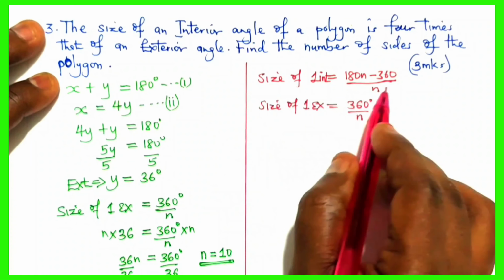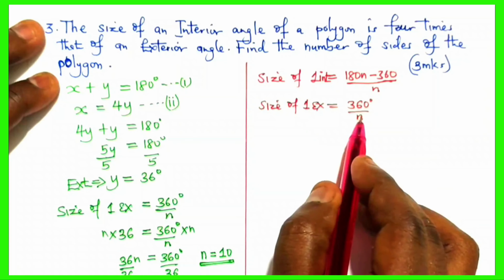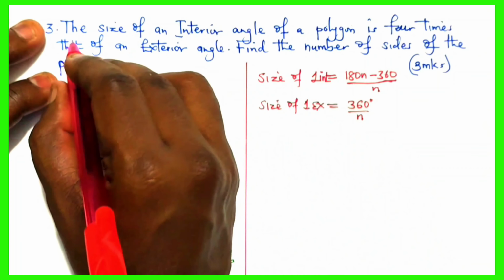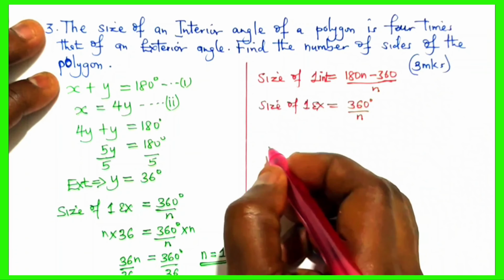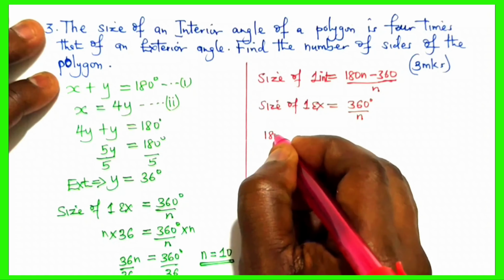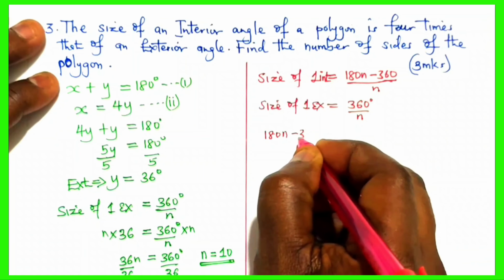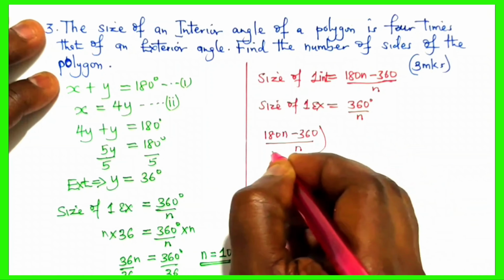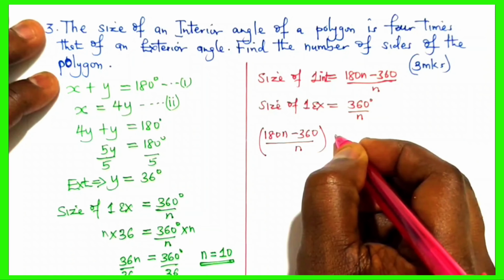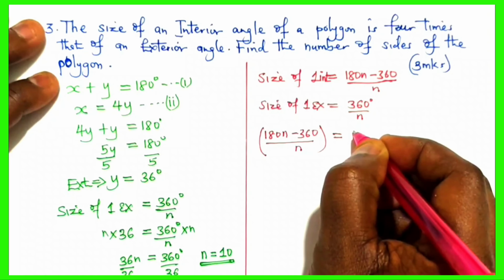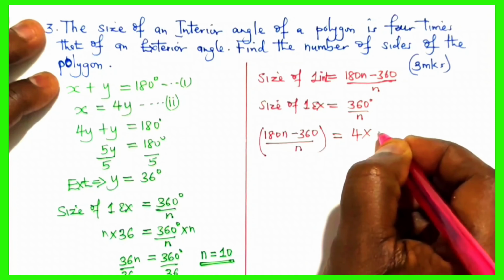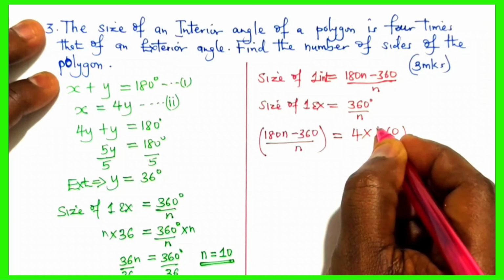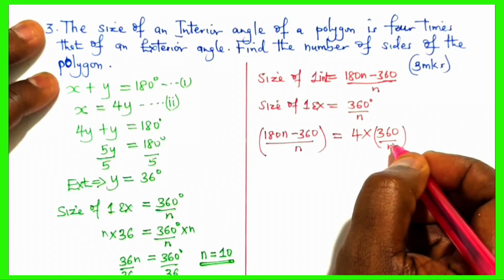And this is according to the third law, and this is according to the fifth law. So then we'll be in a position to say here that the size of one interior angle of a polygon, so I can have here 180n minus 360 divided by n, will be equal to 4 times the size of the exterior angle, which is 360 degrees over n.